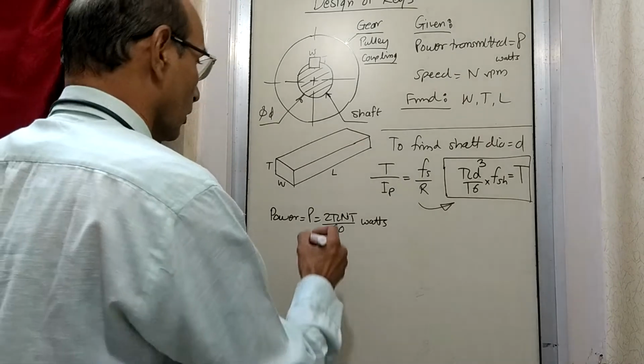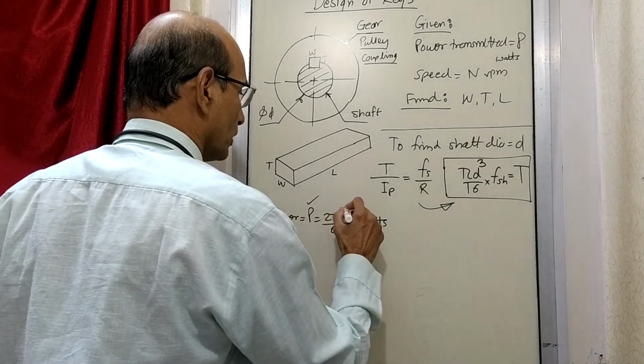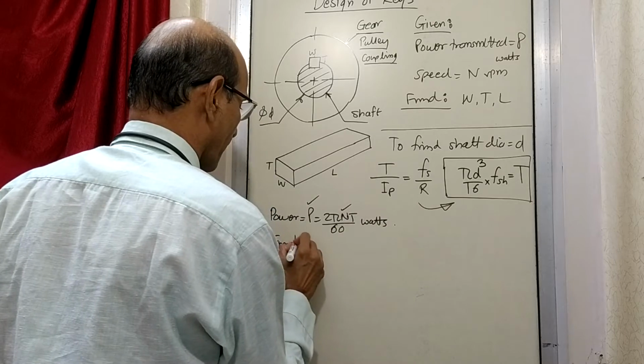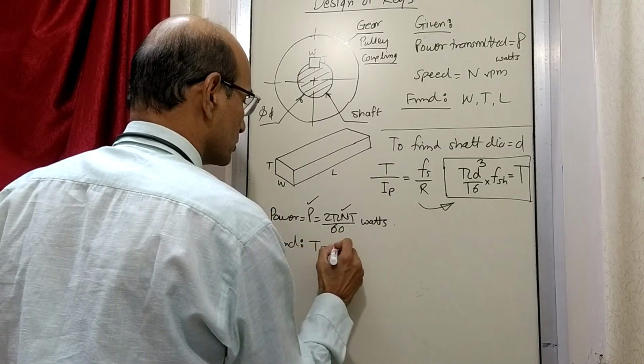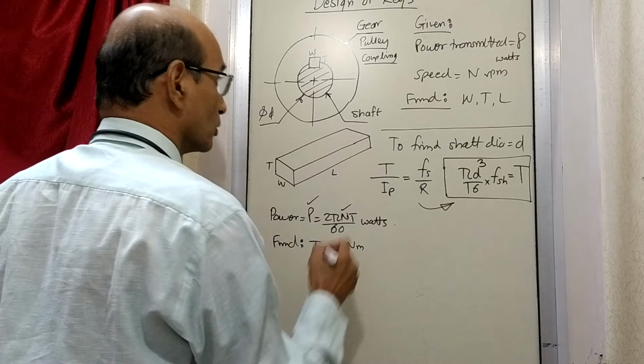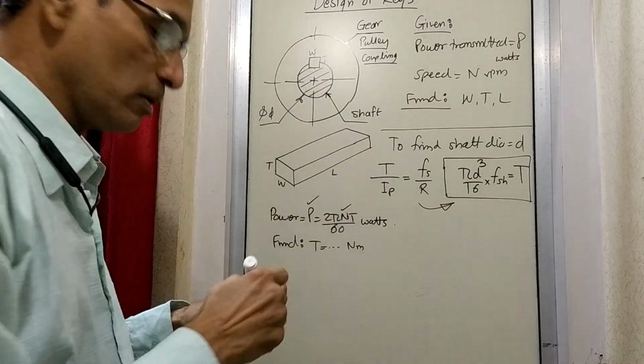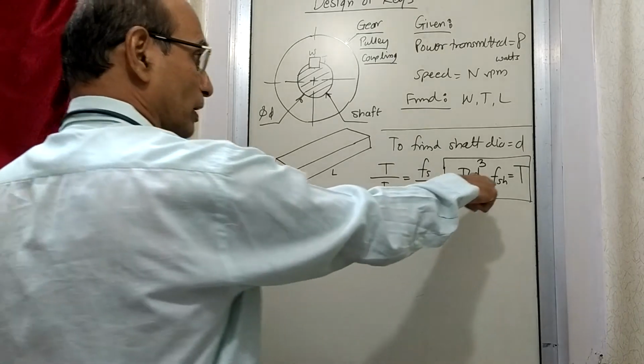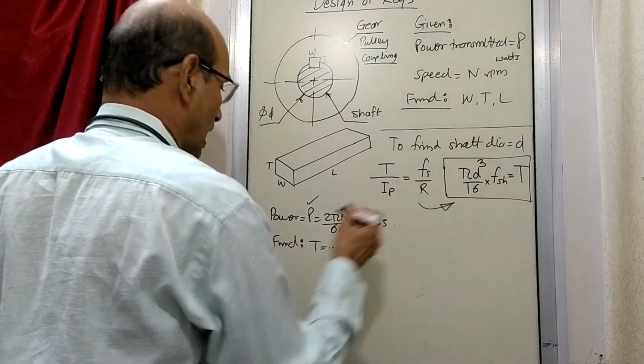In our case, we are given P and we are given N, so first you can find out T, so many Newton meters. That much is the torque available on the shaft. Now with this torque, you can apply this equation and find out the diameter.